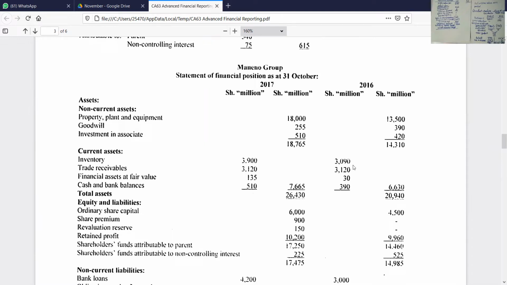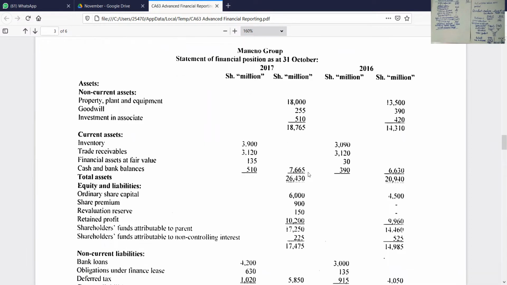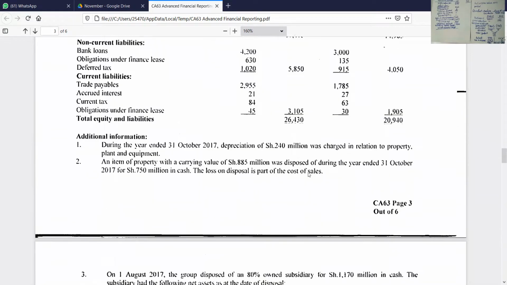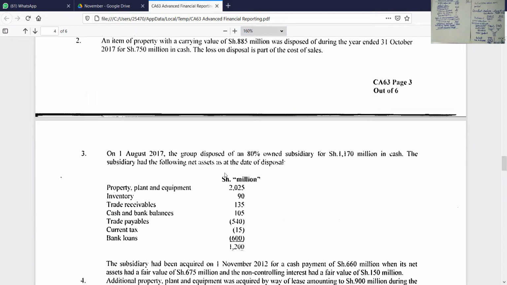If I input it in my calculator, never forget to consider the value of inventory for the subsidiary which was disposed. Remember that this subsidiary which was disposed had an inventory of 90.